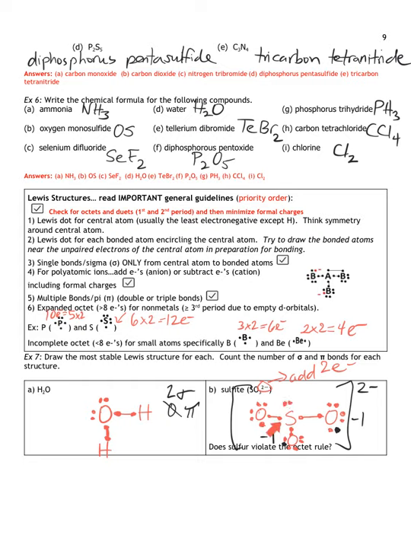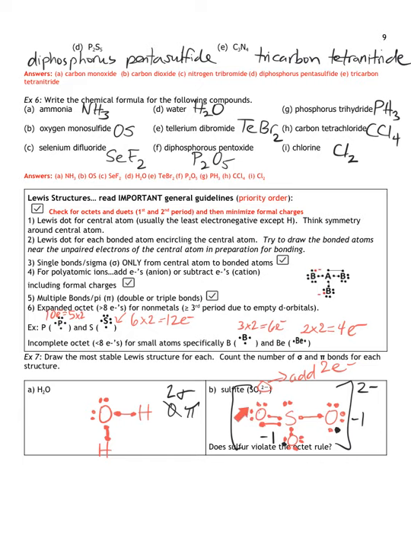Yikes. This sulfur can have an expanded octet. Don't forget that it can actually go up to 12 electrons. And so in order for this to happen, we're going to do what is called a multiple bond. It's called a pi bond. So I'm going to connect these two together, and that will give oxygen 2, 4, 6, 8.